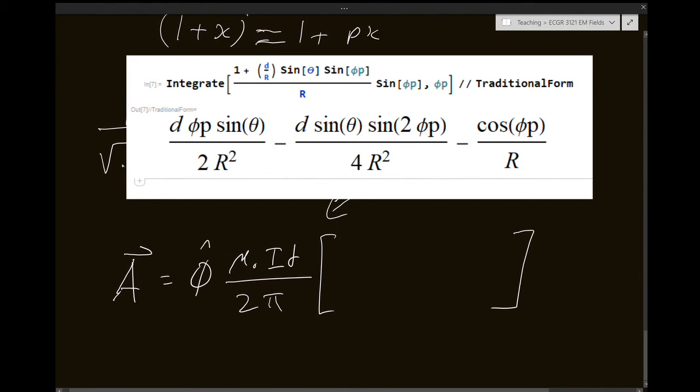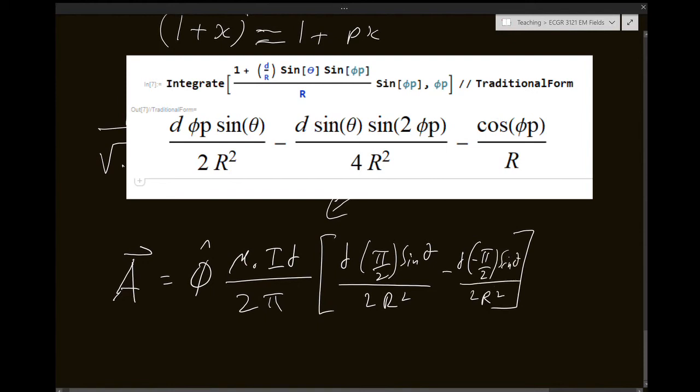So when I apply it over the endpoints, instead of phi prime, I put pi over 2. That's the first endpoint. d pi over 2 sine theta over 2r squared minus d minus pi over 2 sine theta over 2r squared. Minus goes with the minus here, becomes plus.